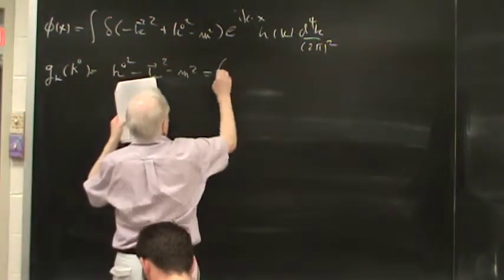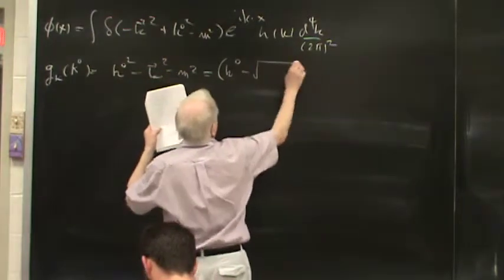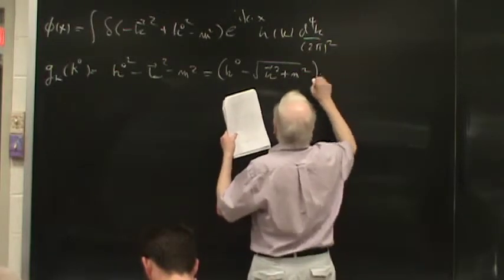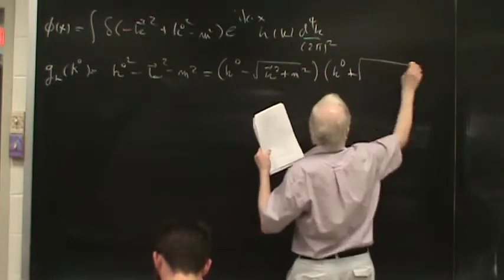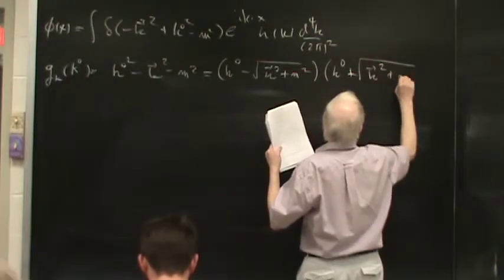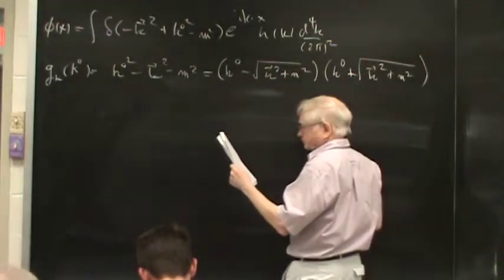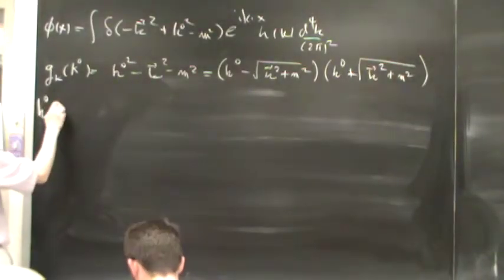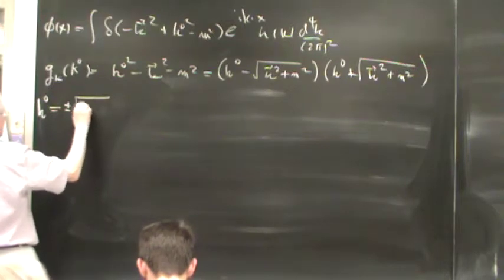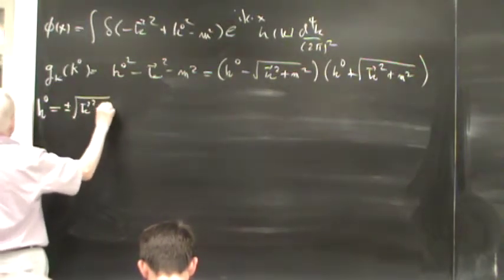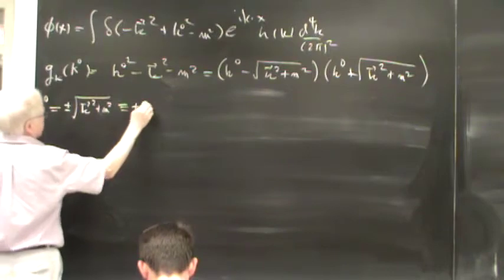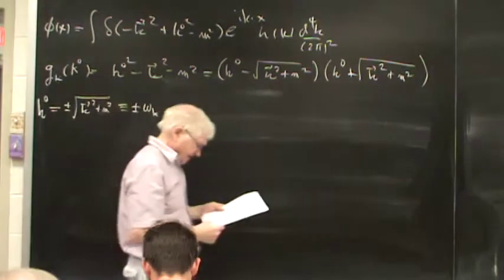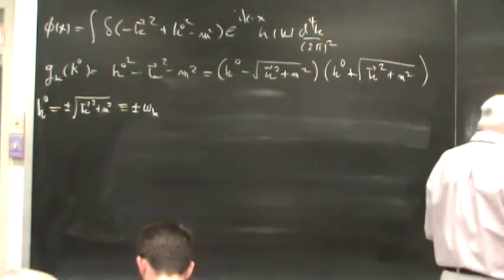And we just rewrite that as k0 minus the square root of k squared plus m squared, this is the 3-vector k, times k0 plus the square root of k vector squared plus m squared. And this has zeros at k0 equal to plus or minus, obviously, the square root of k squared plus m squared, which I'm going to define as plus or minus omega k. This k being a 3-vector k. Okay.